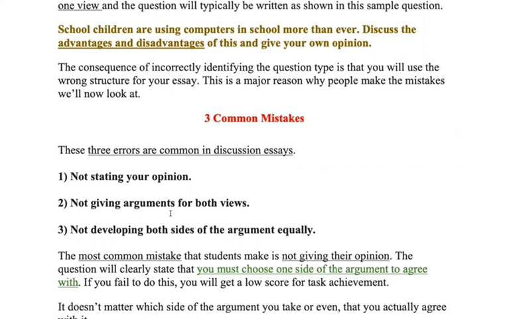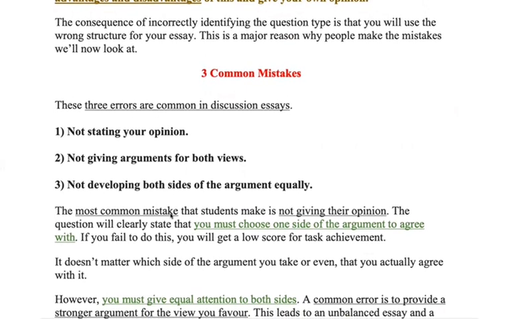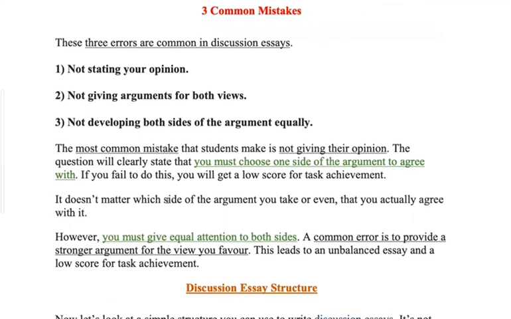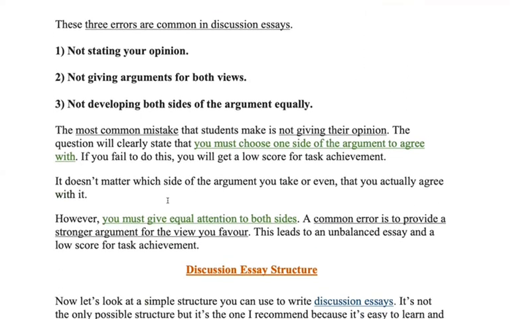So here, the most common mistake that students make is not giving their opinion. This is number 1. The question will clearly state that you must choose one side of the argument to agree with. If you fail to do so, you will get a low score for task achievement. It doesn't matter which side of the argument you take, or even that you actually agree with it. However, you must give equal attention to both sides. A common error is to provide a stronger argument for the view you favor. So you have 2 views.